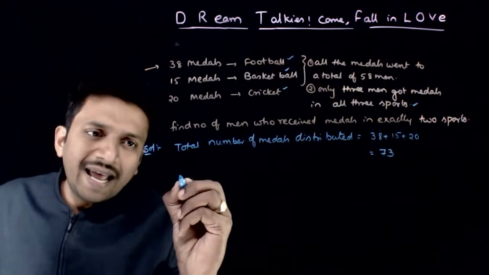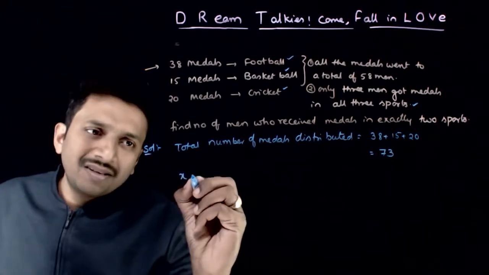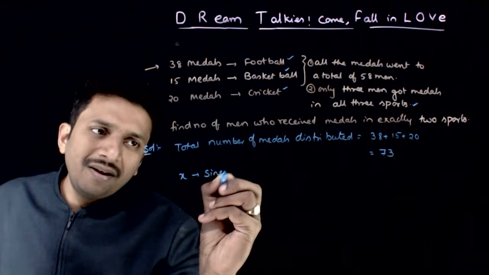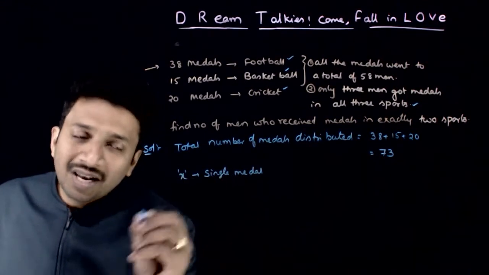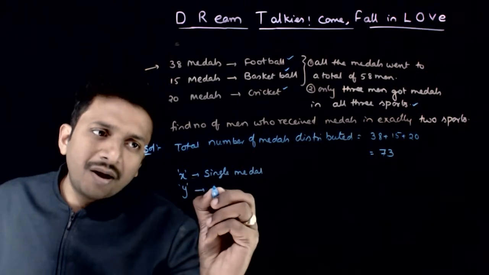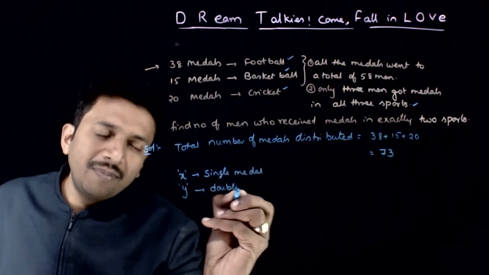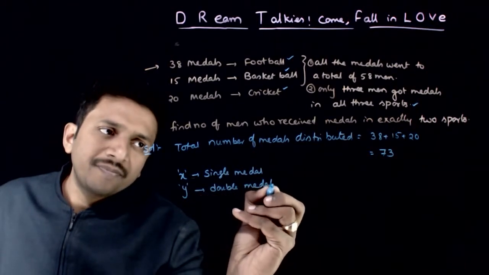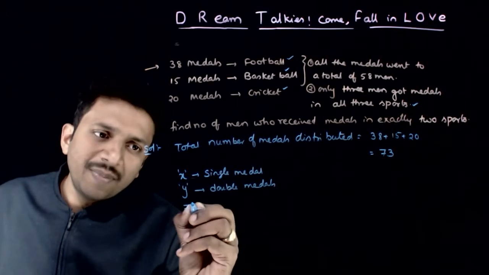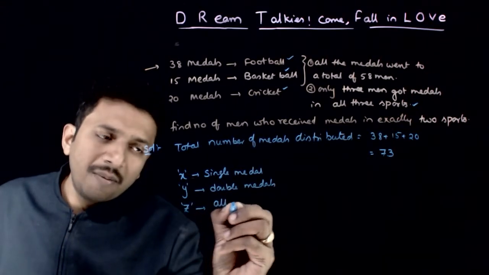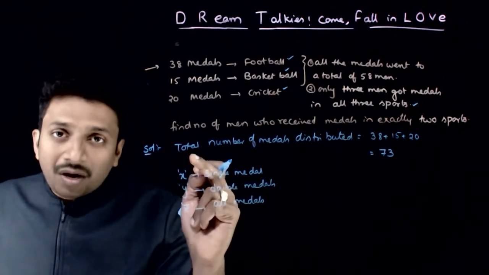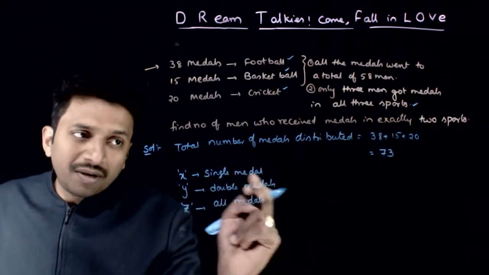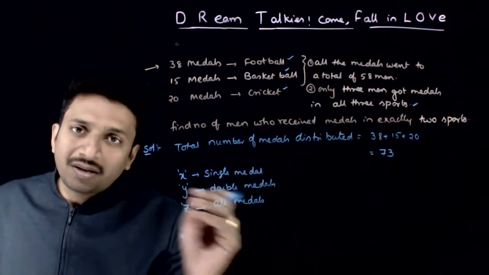So let us say that X men got a single medal, Y men got double medals, and Z men got all medals.